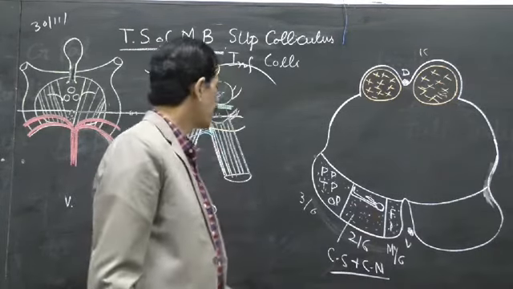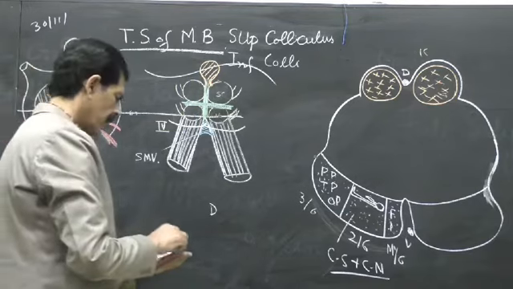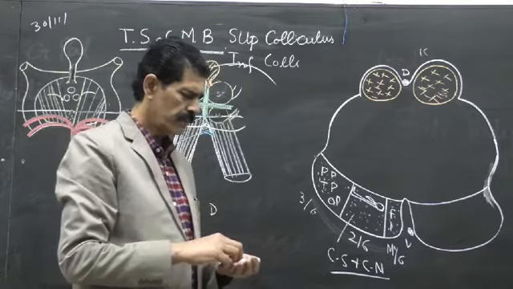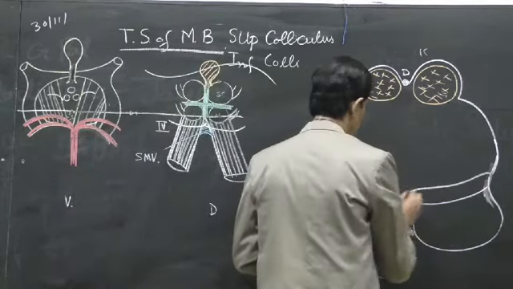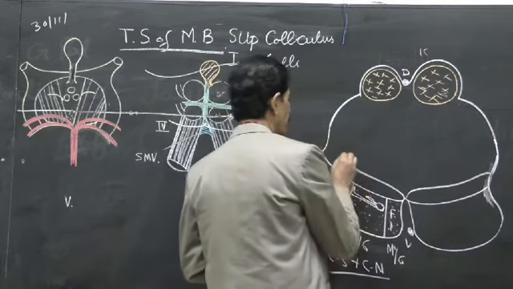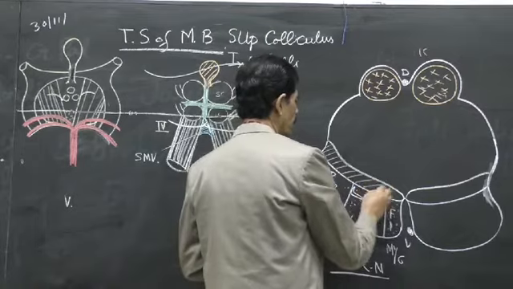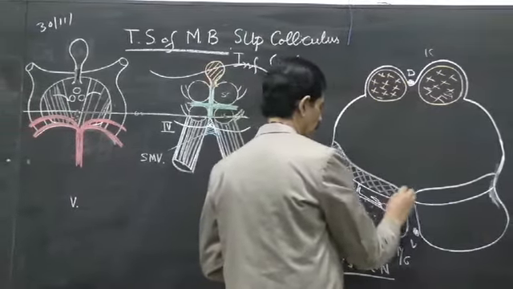So deep to the crus cerebri, when we remove the crus cerebri, there lies the black pigmented area. Dorsal to the crus cerebri lies the zone of pigmented neurons.